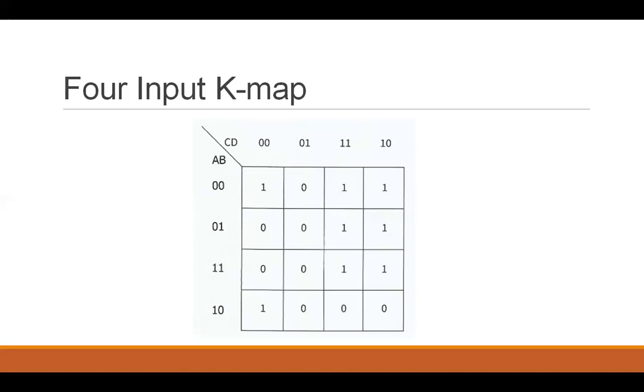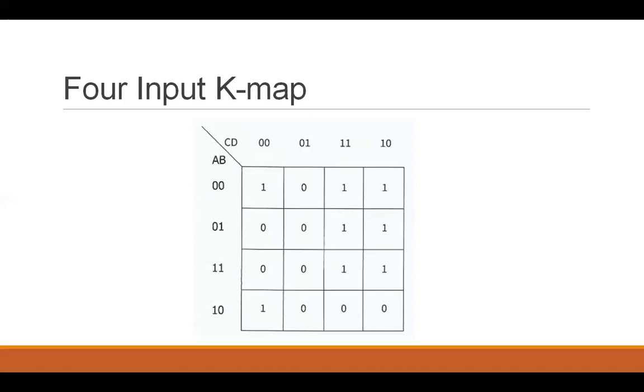If you had 3 variables, you only will have A on your left side. On your rows, you only have A. And if you had 4 variables, you will have AB on the lower side and CD on the upper side. Now, this is not a hard and fast rule.